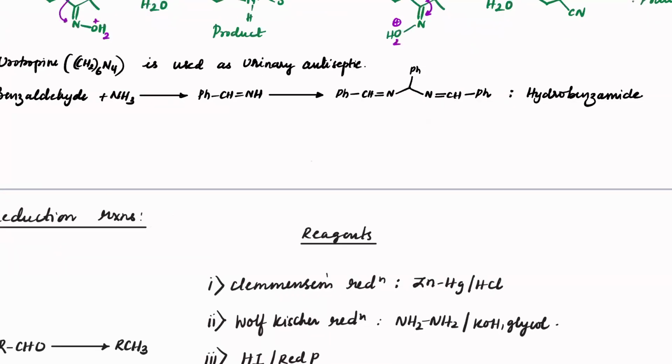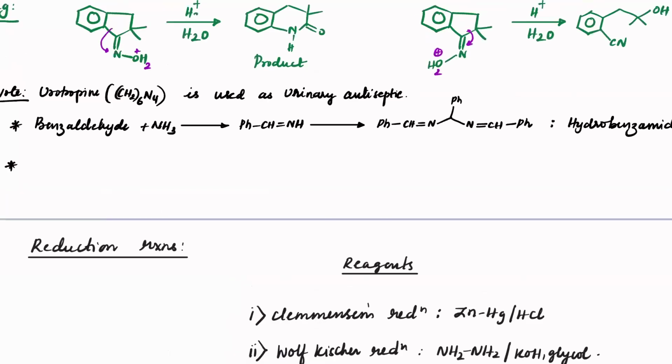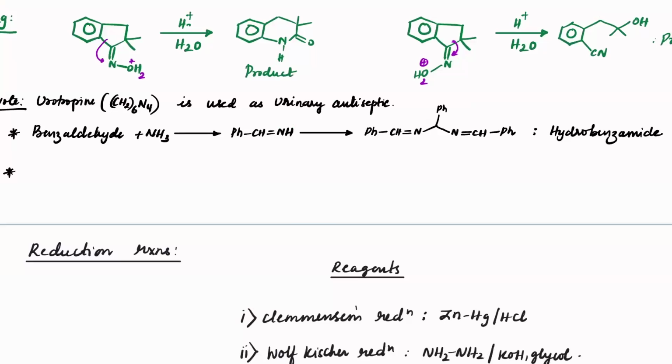Last thing of a similar reaction, if you notice here, just like hydrobenzamide, in case you have 3 moles of aldehyde, let's say 3 moles of acetaldehyde, and you react with 3 moles of ammonia, with an appropriate pH, then first it will become 3 moles of CH3CHOH NH2 to start with.